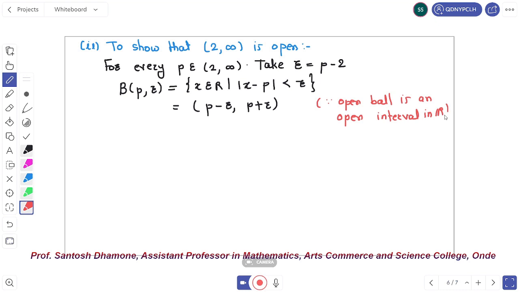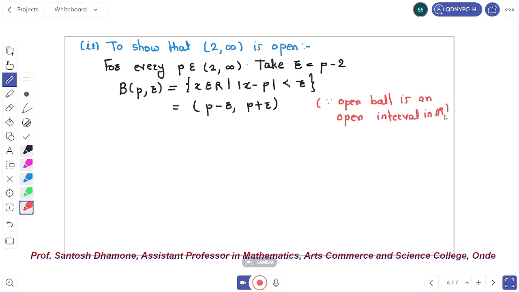because the union of open sets is open. This is the theorem which is proved in our section on open sets. We know that the union of open sets is open.